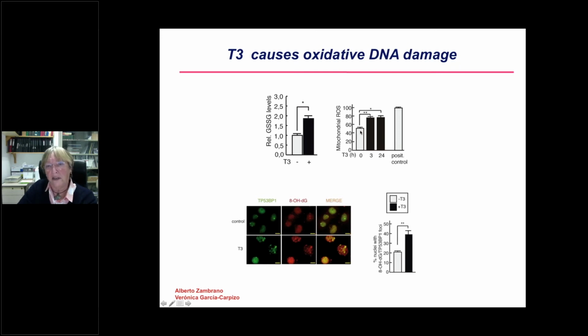As you can see here, incubation with T3 induces ROS formation. When we analyze the mechanisms, this is due to the induction of a mitochondrial transcription factor that in turn increases the transcription of many genes of the respiratory chain.